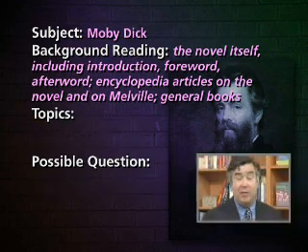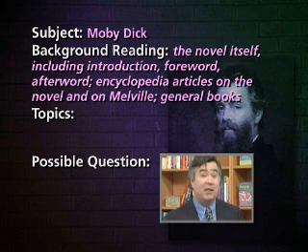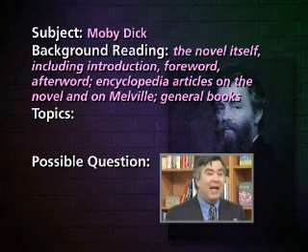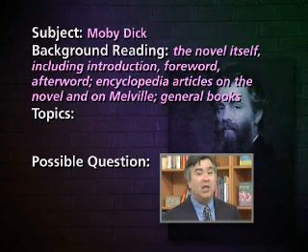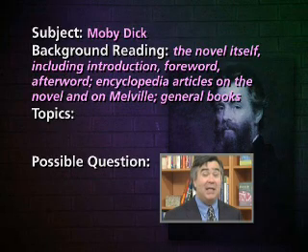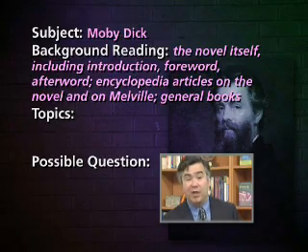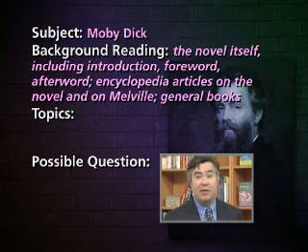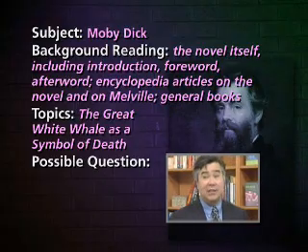Another topic that might be of interest to me might be the symbolism. Many critics have written about Moby Dick and about the fact that the whale itself and the sailors and the ship, all of these elements in the novel all have symbolic meanings, and critics have argued for years about what the exact symbolic meanings are. So I could choose a particular symbol within the entire framework of the novel and make that my topic, come up with a topic such as the great white whale as a symbol of death, an idea that some other critics have set forth.